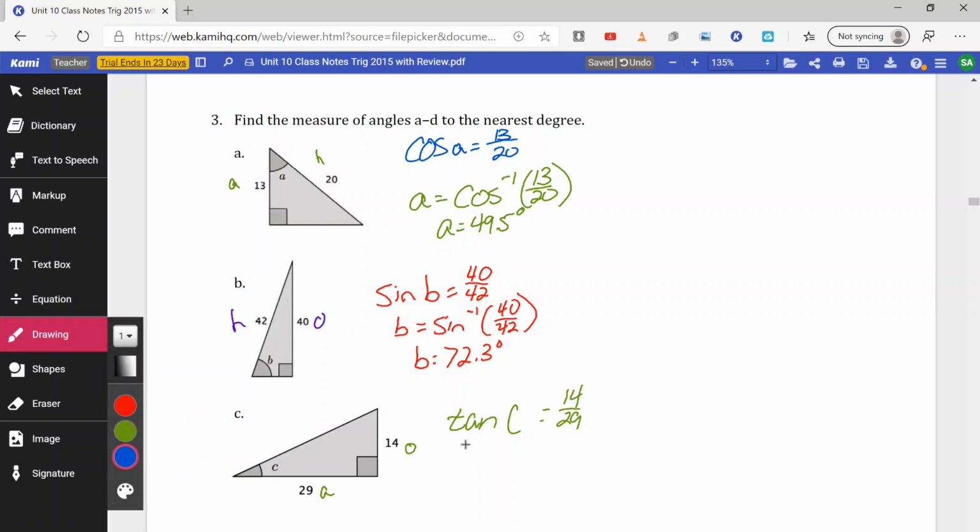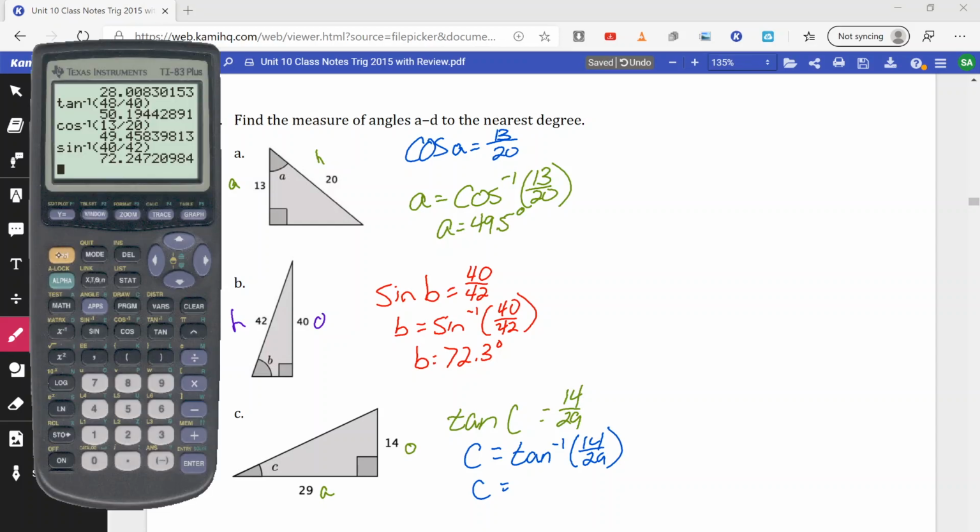So we take the arctan of our ratio, and we get 25.8 degrees.